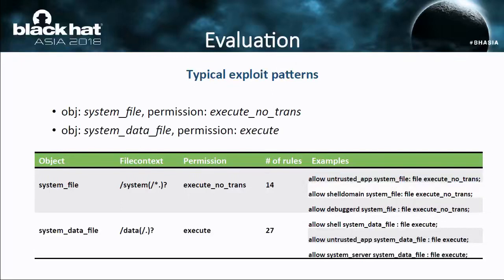Even for the last one, no debug D to execute no trans for the system file is also very vulnerable, because in reality, if we can control the debug D, or we can replace the debug D with some other subject domains, and we can execute this system file, we can trigger other vulnerabilities, such as a stack overflow in MTK.